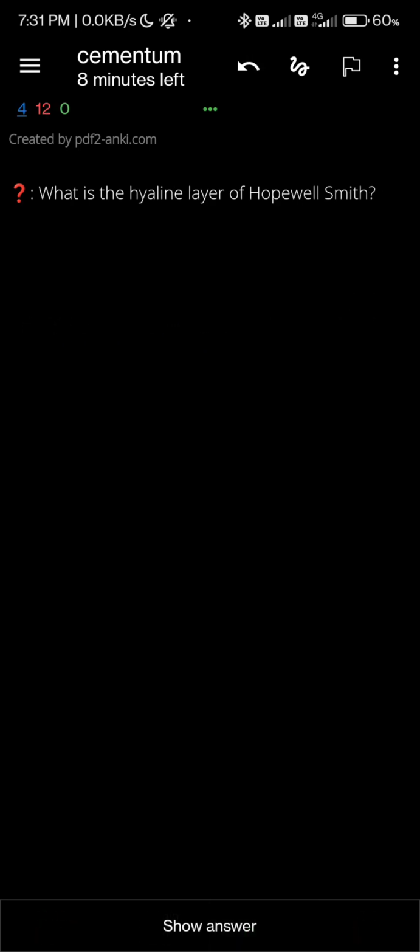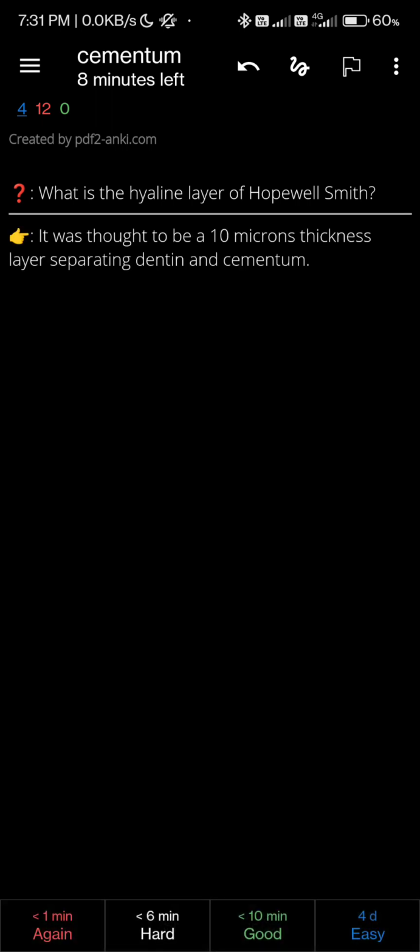So what is the hyaline layer of Hopewell-Smith? It was thought to be a 10 micron thick layer separating dentin and cementum.